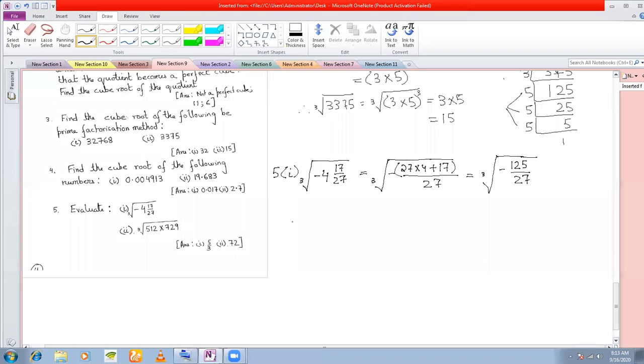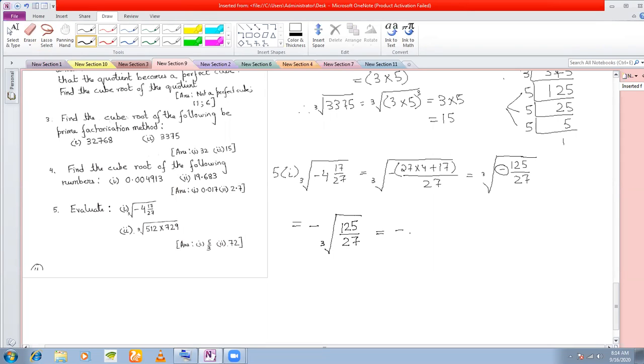Now, because you know that the cube root of a negative number is also a negative number, you can write this as cube root of, you can take the minus sign outside the root, minus cube root of this positive number, 125 divided by 27.